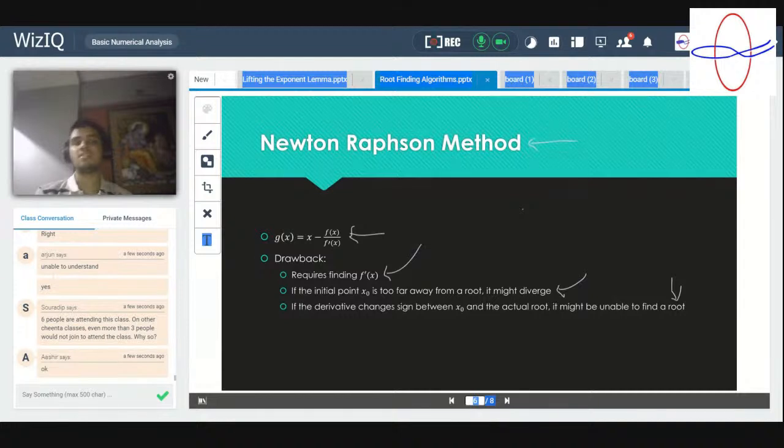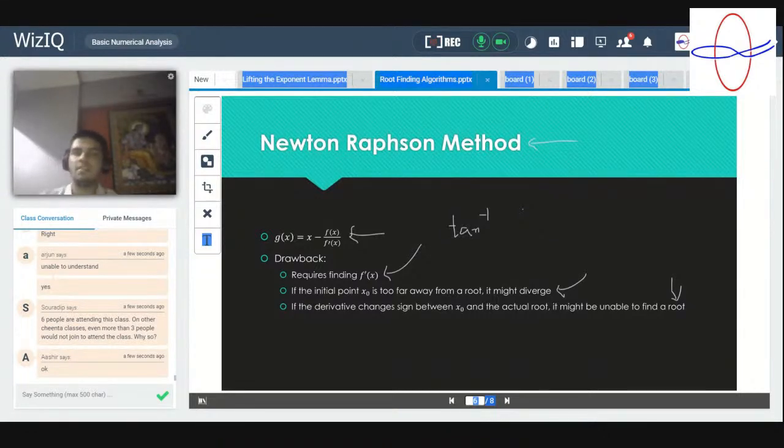The reason why this is a drawback is because in computational settings, they might also require people to find, for example, the roots of tan inverse, and the derivative of such a function is not really that trivial, right? So that's the main drawback of Newton-Raphson.